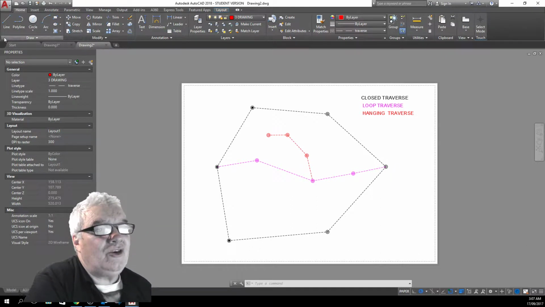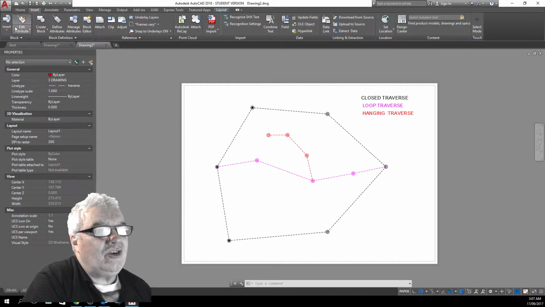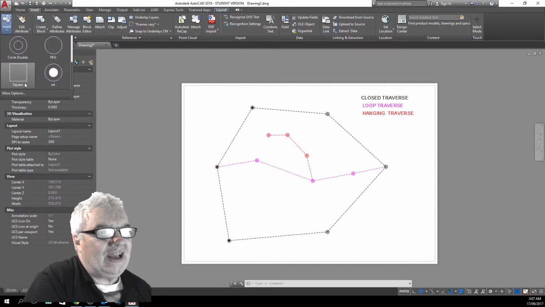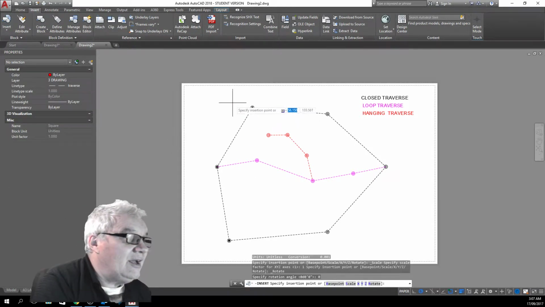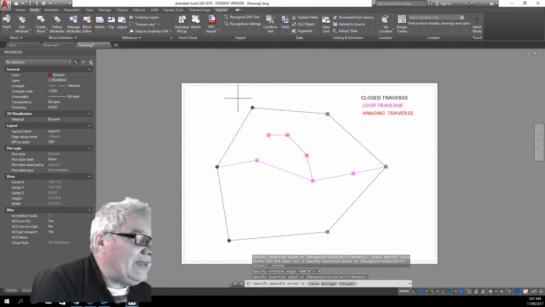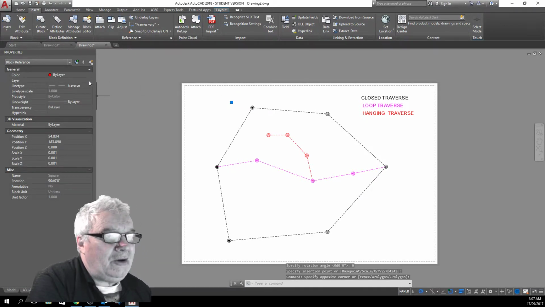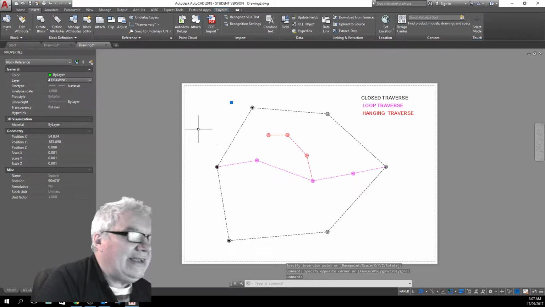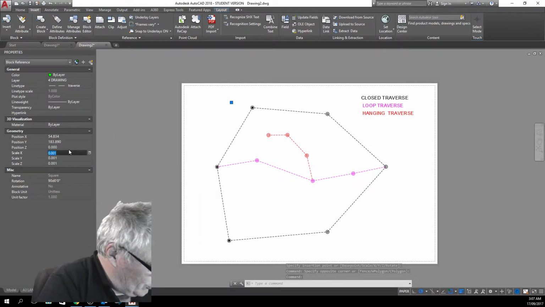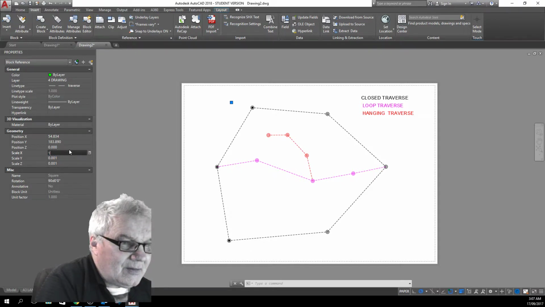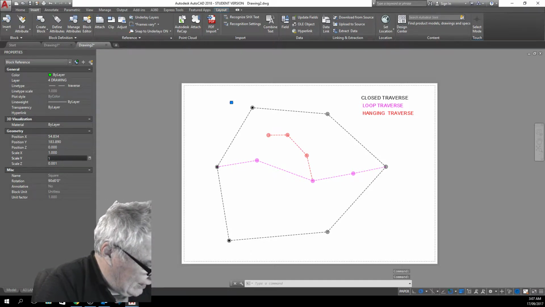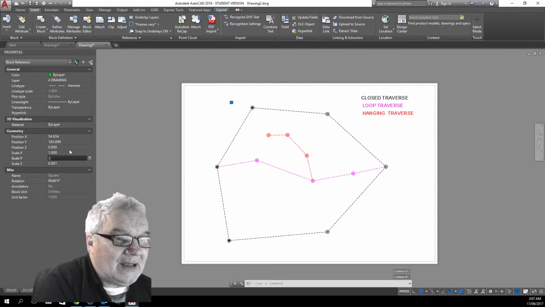So I'm going to insert, and I'm going to use these squares here. Now that one's very small. I'm going to put that on drawing 4, and then we'll put the scale of it up to 1, so that it's easier to use.